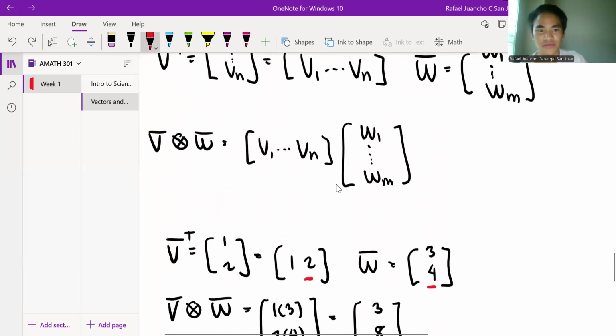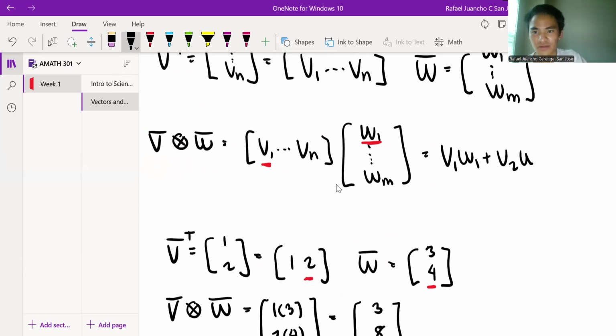If we do this, we're multiplying this, and then we're adding it. So what's happening here is that we do V1 W1 plus V2 W2, all the way to Vn Wn.